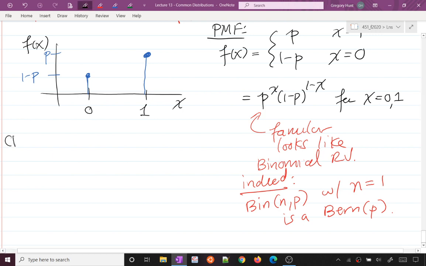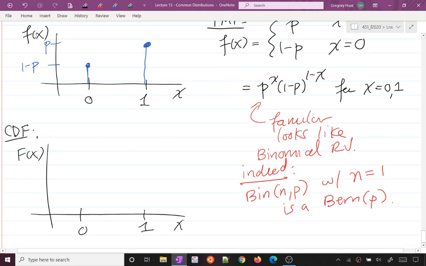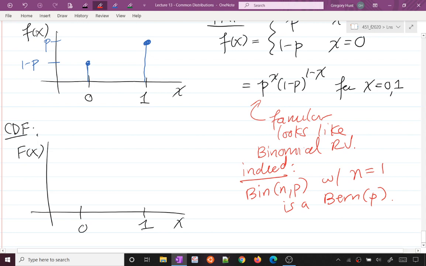We could look at other facets. So we could look at the CDF of this thing. That should be pretty straightforward. F_X versus x. My important values in my support are 0 and 1. Of course, it's going to be 0 up until 0. At 0, it's going to jump to 1 minus p, and stay there until it gets to 1, and then it's going to jump to 1.